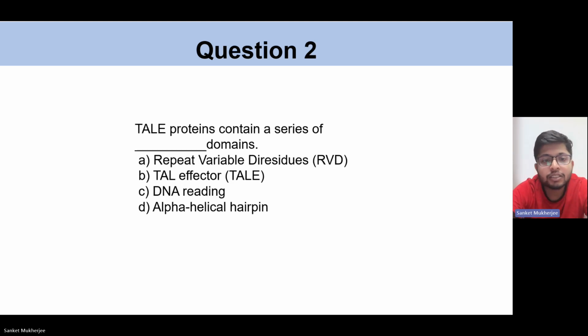Coming to the next part, TAL proteins, they contain a series of dash domains. Are they the repeat variable diresidues, TAL effector molecule DNA reading domains, or alpha helical hairpin?